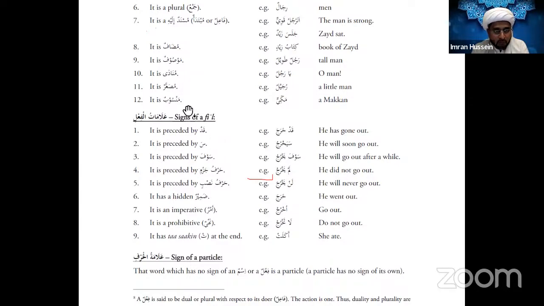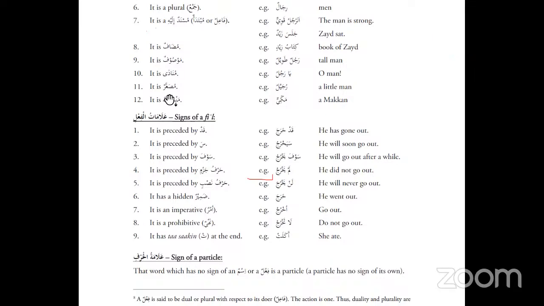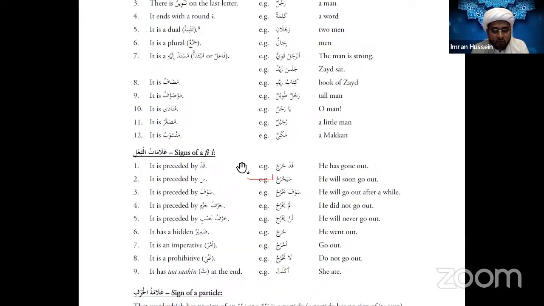Any questions from anyone? Hello, assalamu alaikum, brother. Wa alaykum assalam wa rahmatullah. Sorry, what did you say we have to look for in the Quran again? If you could look for ayat where qad is coming, seen is coming, sofa is coming, lam is coming, lan is coming.